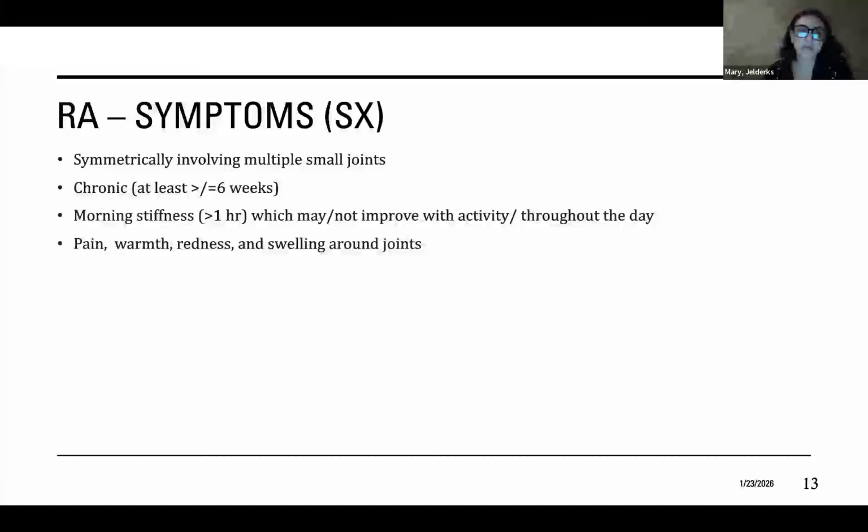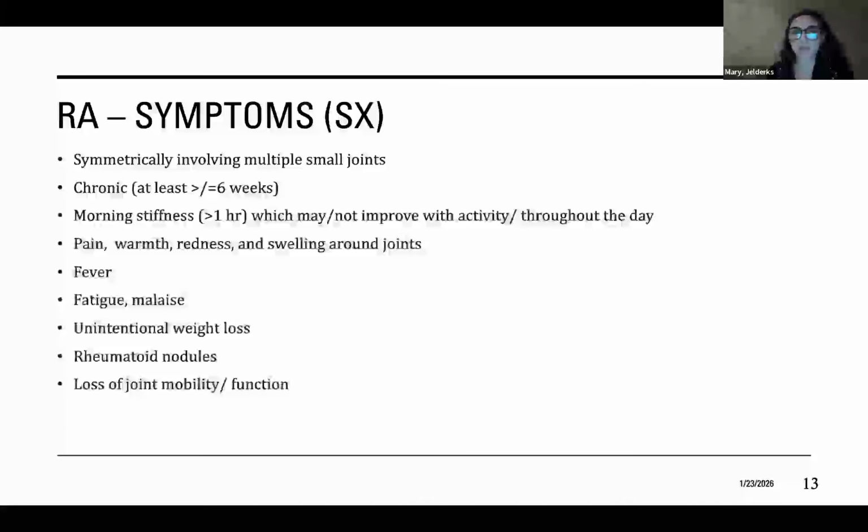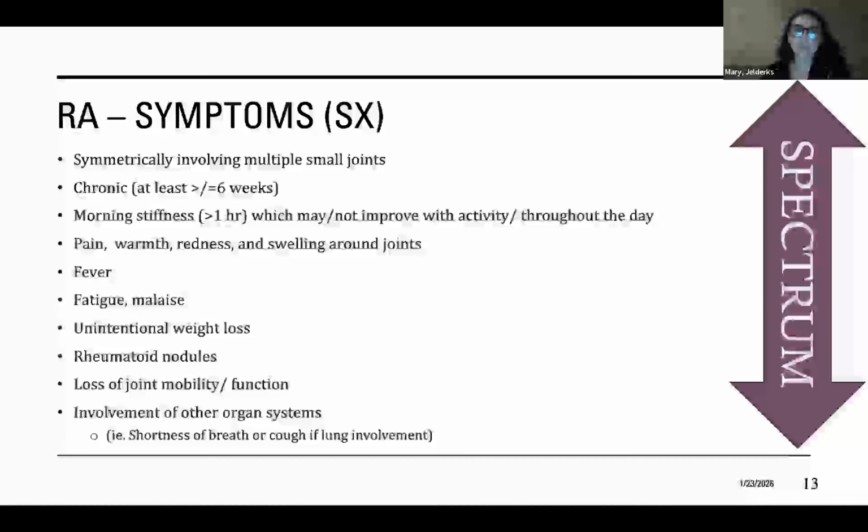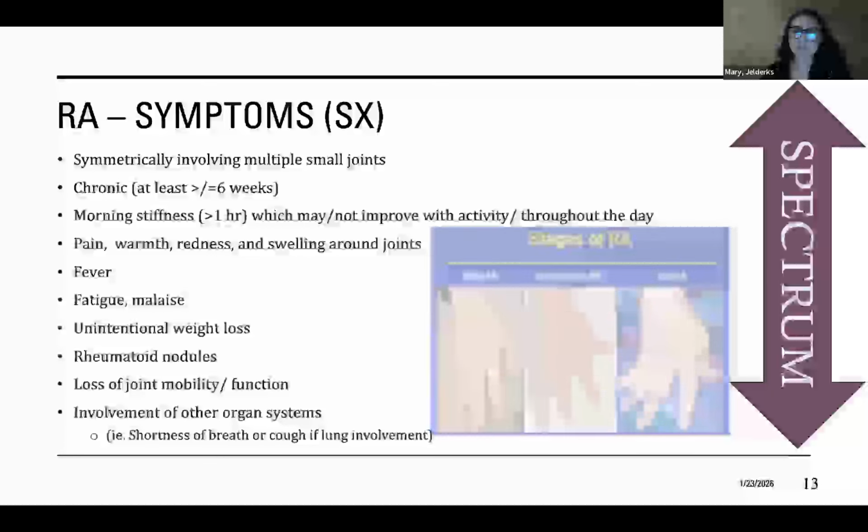There's pain, warmth, redness, and swelling around the joints, fever, fatigue or malaise, unintentional weight loss, rheumatoid nodules, loss of joint mobility and function, and involvement of other organs. For example, if the lung becomes involved, there might be shortness of breath. So really a wide spectrum of symptoms.